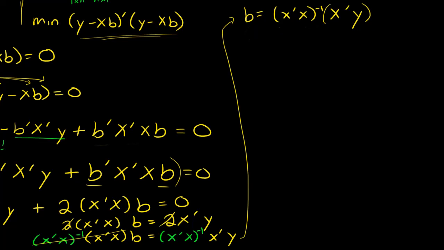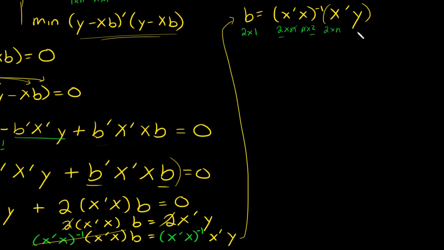And let's just double check that we have the right dimensions. So remember, b is 2 by 1. X is n by 2. So x transpose would be 2 by n. X is n by 2. Right? And when you take the inverse, that's the inverse of a 2 by 2, which will also be a 2 by 2. Then we have x prime again, so that's going to be a 2 by n.